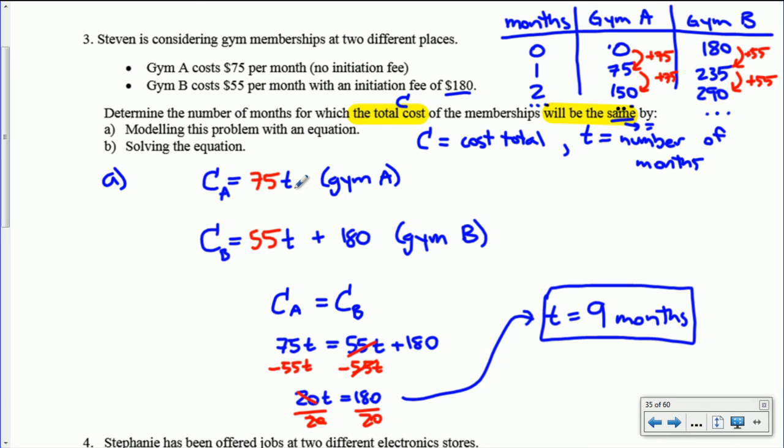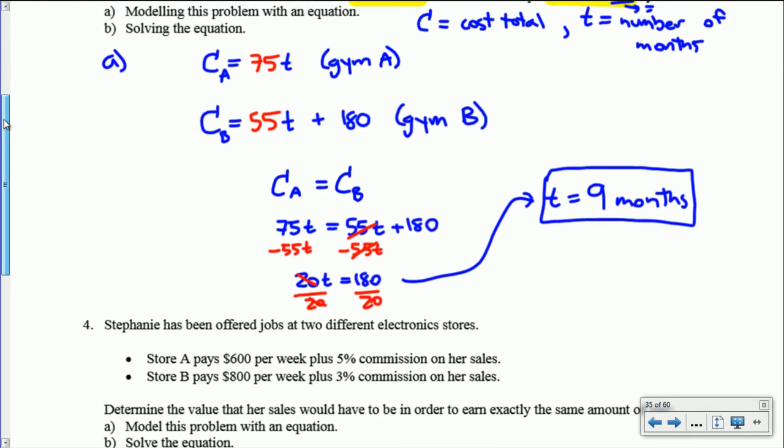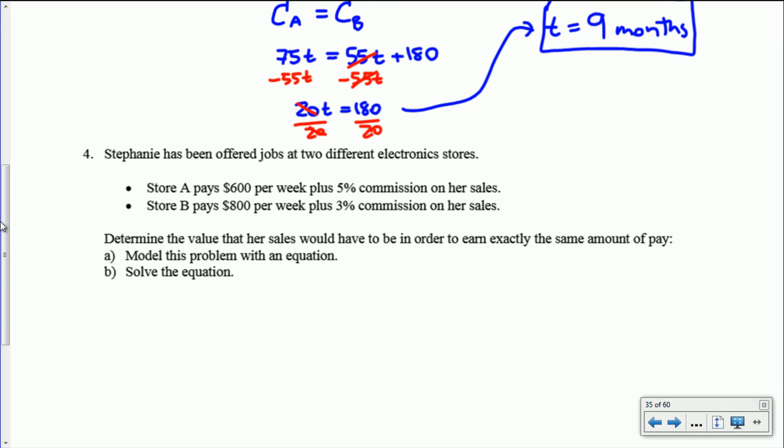But if you're going to be around for more than 9 months, gym B would be better if you're past 9 months. And then gym A is better if you're under 9 months.